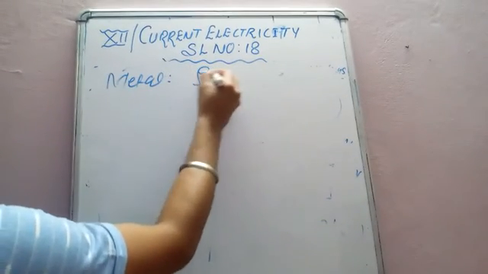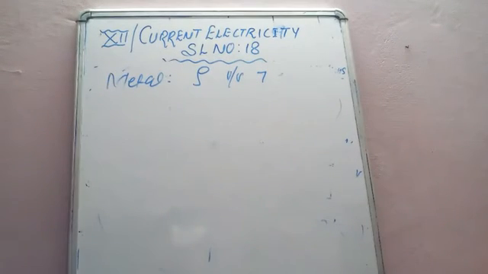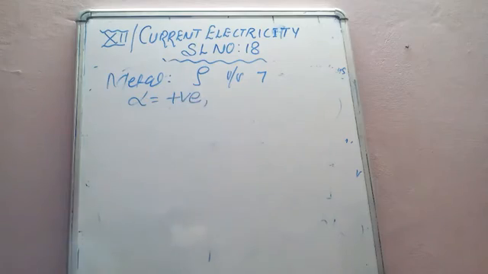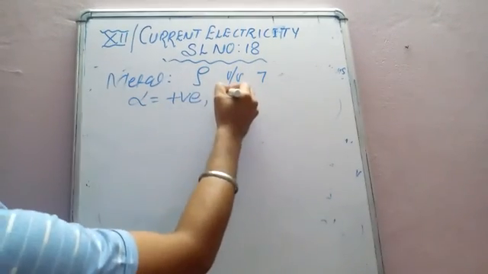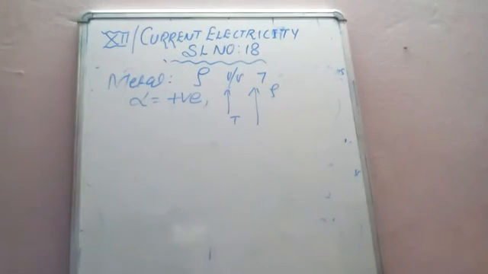Metal: resistivity versus temperature. Alpha is positive, meaning that as temperature increases, there is an increase in the value of resistivity. Very simple.